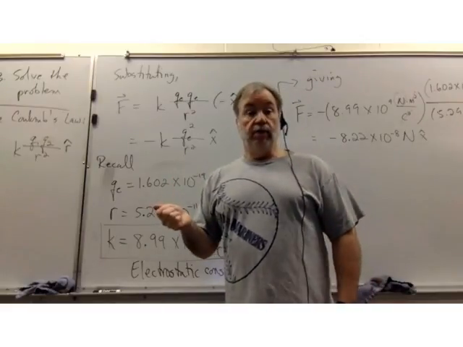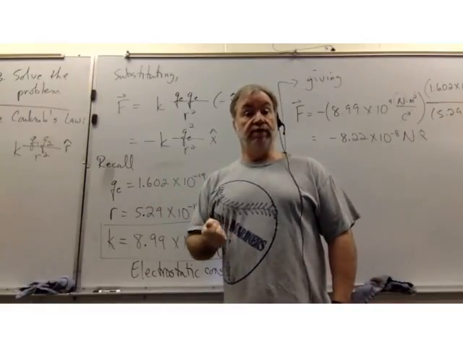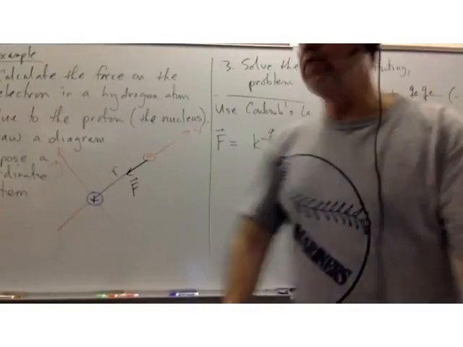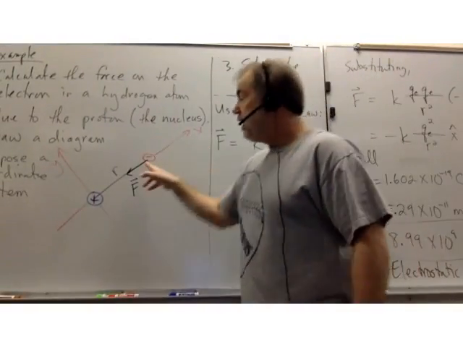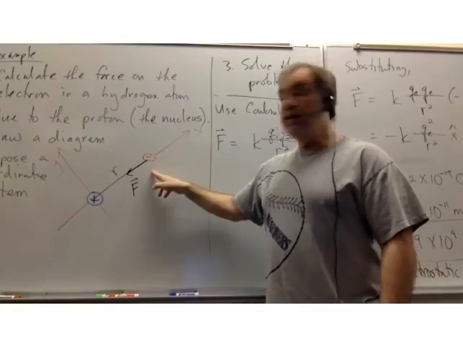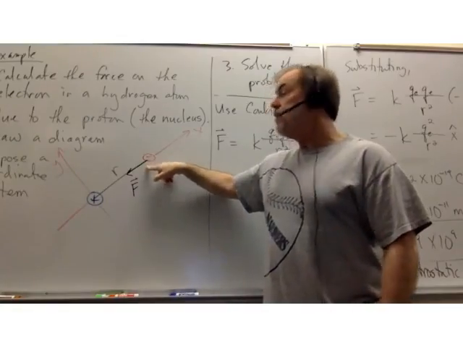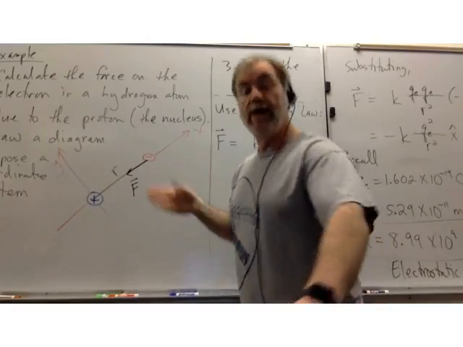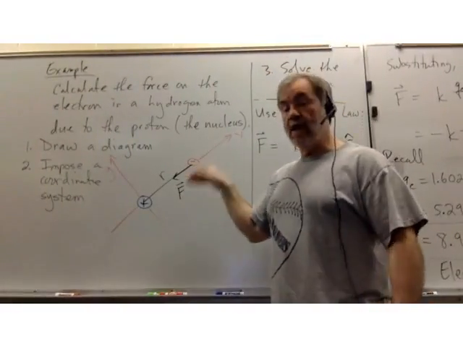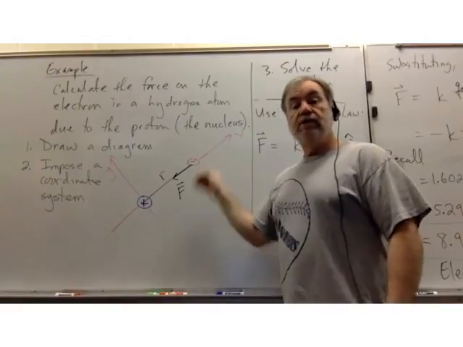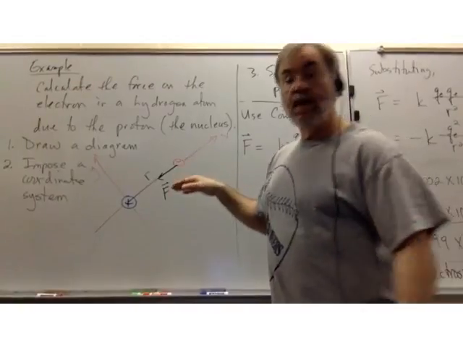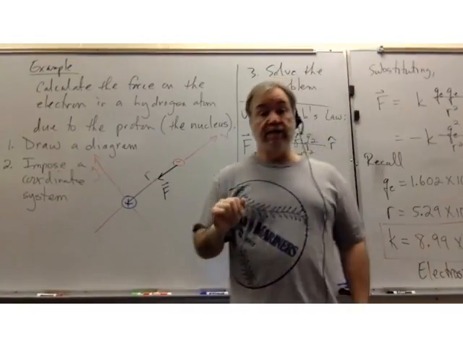But we don't need to include the negative sign when we're substituting in values for negatively charged particles. And here's the reason. We already worked out the direction that the force points. We did it at practically the very first step where we said, oh, when I draw my force vector in my diagram, I'm going to have it point towards the proton because why? Charges that have opposite signs attract each other. So I've already worked out the direction of the force. I don't need to do it again when I substitute numbers.